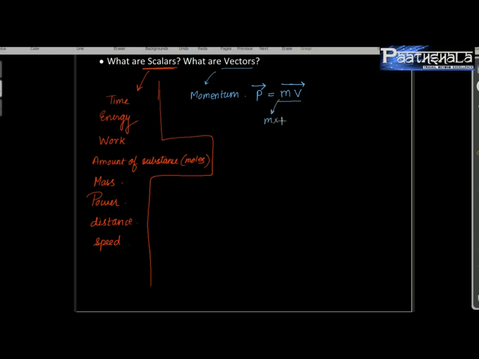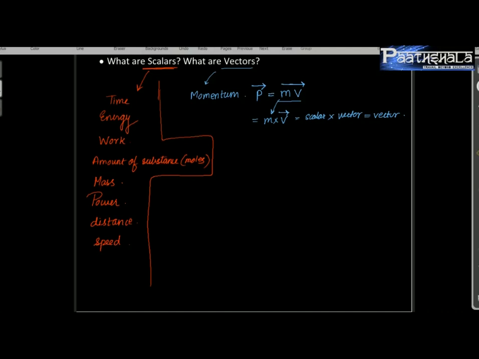This can be considered to be mass into velocity vector, which is a scalar times a vector, and this gives us a vector quantity. Subsequently, we will see how scalar multiplication of vectors is carried out and how vector multiplication of vectors is carried out.